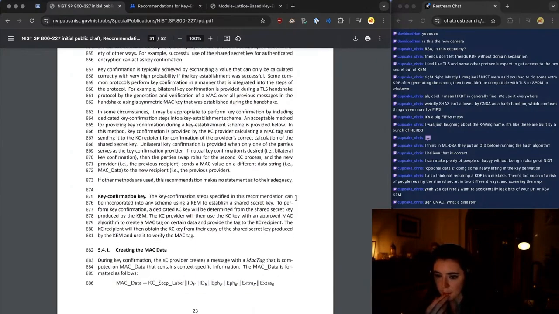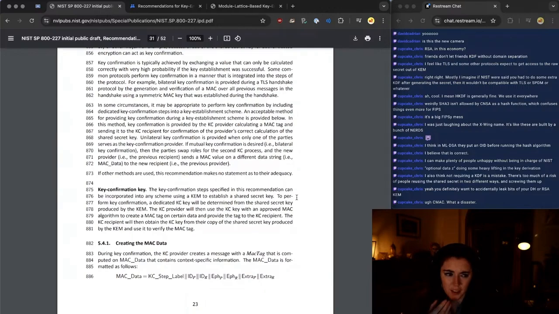Yeah, I prefer that because you should be using authenticated encryption for your symmetric stuff anyway.